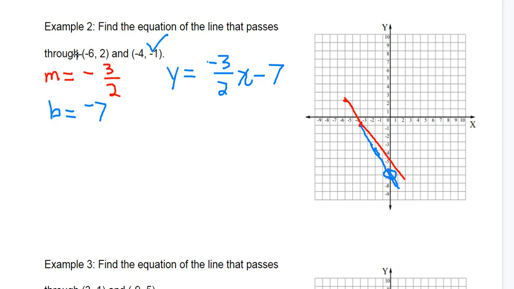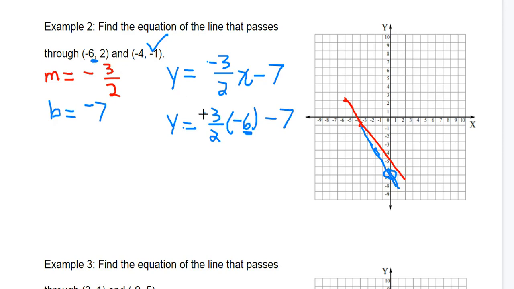If I go ahead and plug in the second point, I'll do the math here. I want to plug in -6 for x, and get y equals -3 halves times -6 minus 7. Remember that -6 is coming from here.